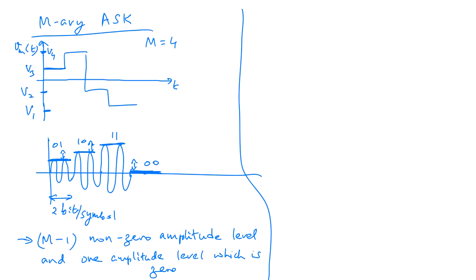So we call that modulation quadrature amplitude modulation, or we write that as QAM.